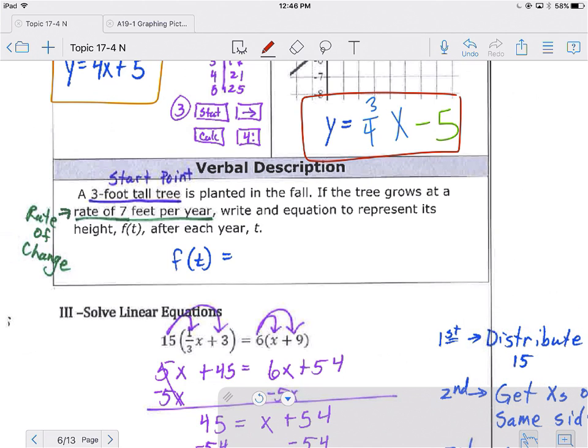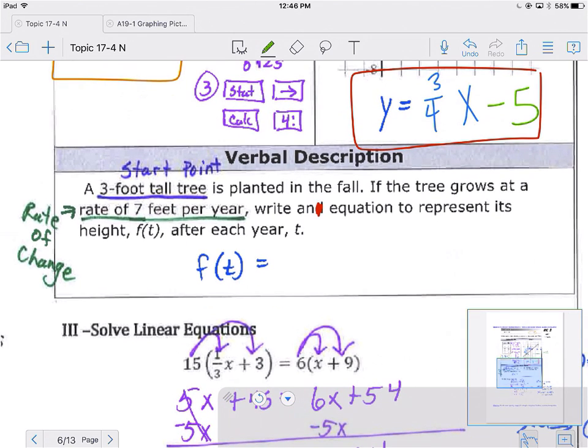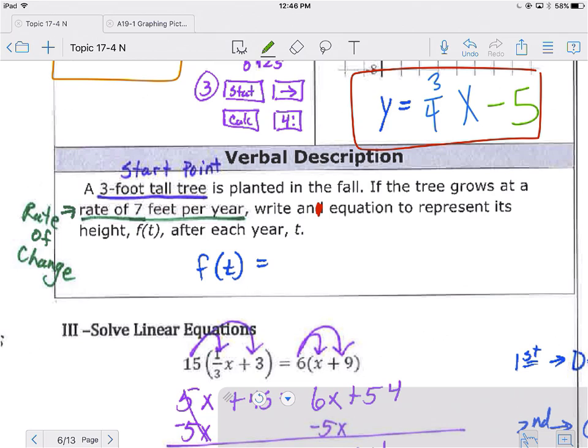Next, we have a verbal description. A 3-foot tree is planted in the fall. If the tree grows at a rate of 7 feet per year, write an equation to represent its height, f of t, after each year t. So we know that it starts at 3 feet when it's put in the ground. So that is my B, my y-intercept, my starting point.